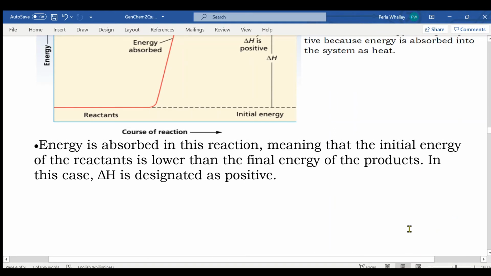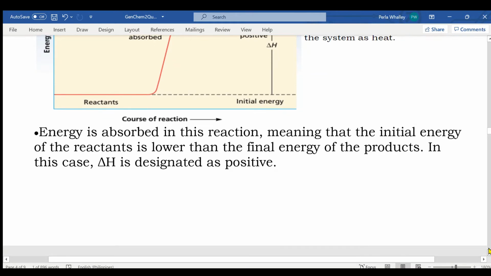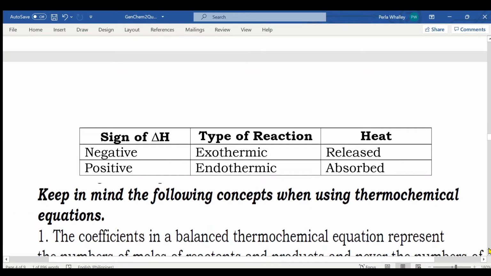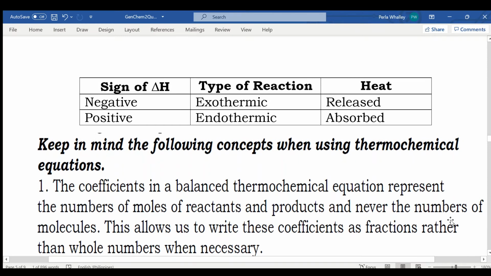Energy is absorbed in this reaction, meaning that the initial energy of the reactants is lower than the final energy of the products. In this case, delta H is designated as positive. So we have a table to summarize.